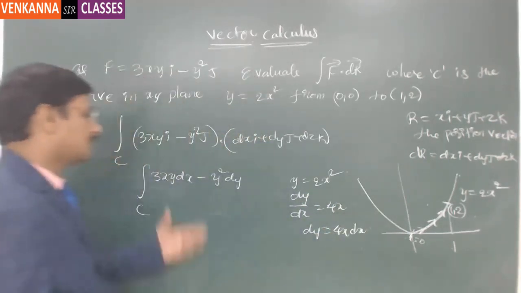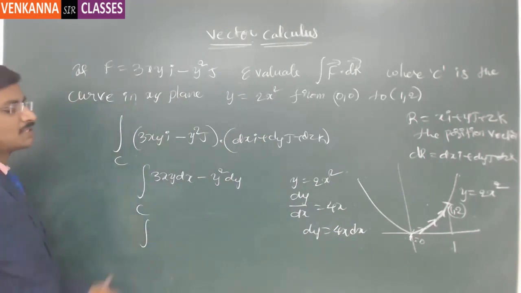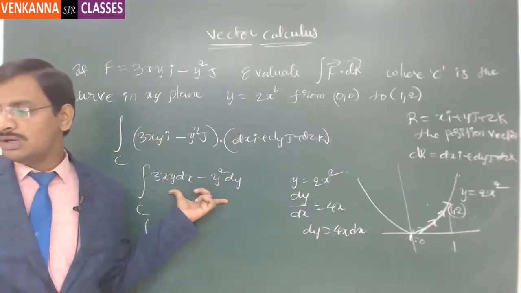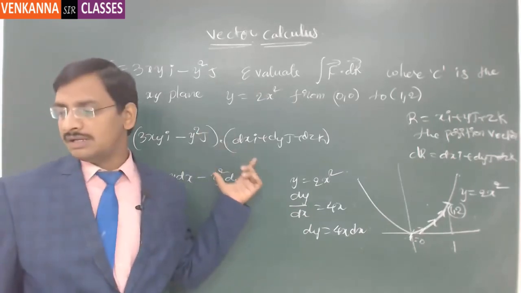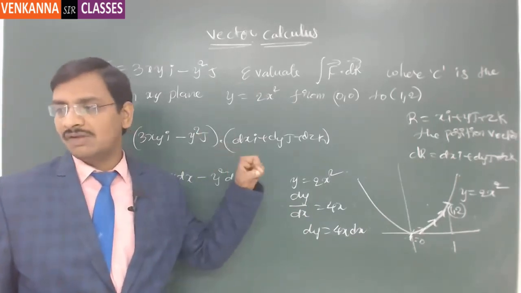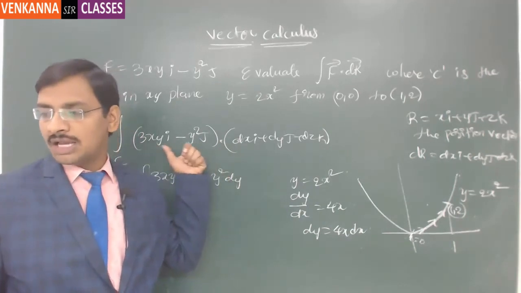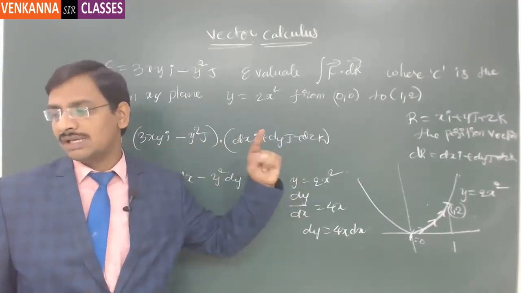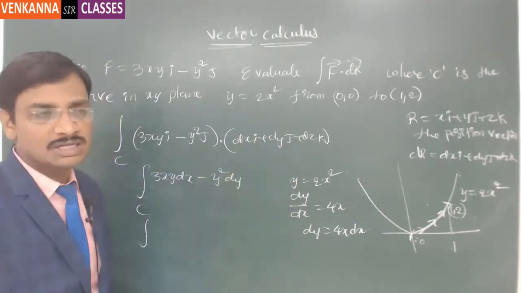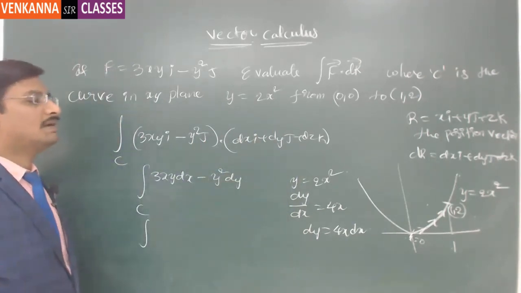Replacing the corresponding terms, you can express the entire function in terms of only x and dx. The whole intention of a line integral is to reduce all the variables and difference vectors into a single variable function. That is the methodology we adopt to solve any kind of line integral.